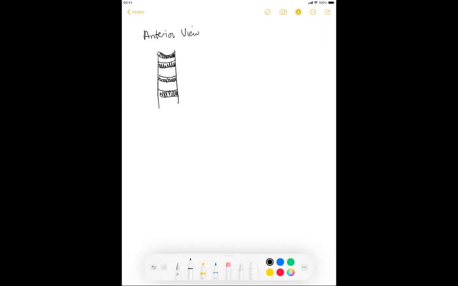If you were just looking at the anterior view, it would appear as though those rings go all the way around, but they don't. If you were to look at the posterior view, you'd see that these rings of cartilage stop.